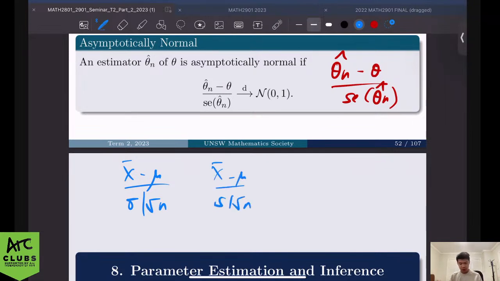Don't worry too much about it, but it's very common, right? It's called z-scoring, where you subtract the mean and divide by the standard deviation. If that approaches N(0,1) in distribution, the estimator is asymptotically normal. Okay, cool.